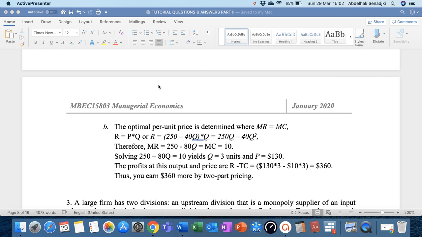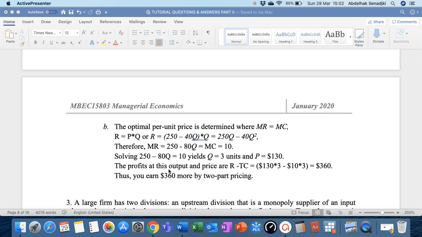We have revenue equal to price times quantity, or R equals P, we already have 150 minus 40Q, times quantity, and therefore R equals 150Q minus 40Q squared. Therefore, the marginal revenue equals 150 minus 80Q, and this must equal the marginal cost, which is 10. Solving 150 minus 80Q equals 10 yields Q equals 3 and P equals 130.